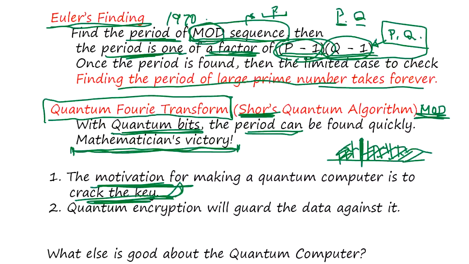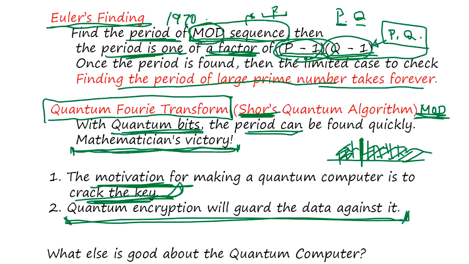But there is a quantum encryption coming up, a new technology, and that's going to block the quantum computer's attempt. So it's like a chasing game. Even if quantum computers are completed, probably quantum encryption is going to come in and protect the data again.